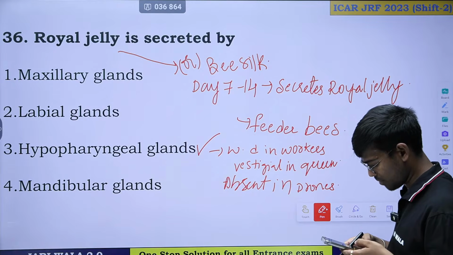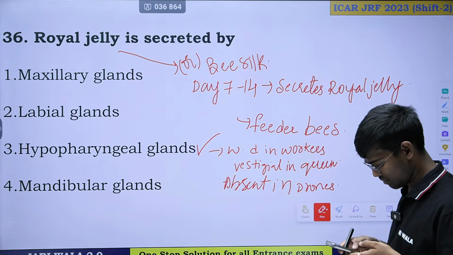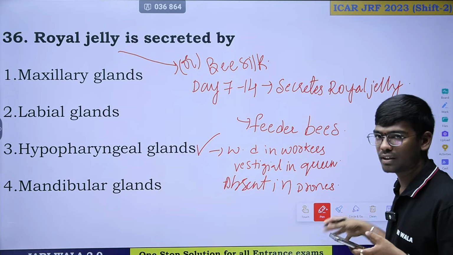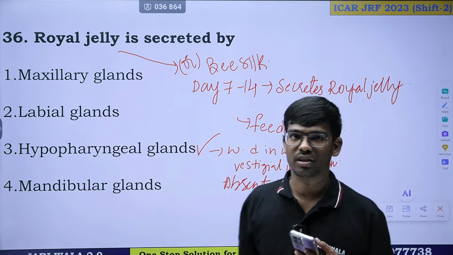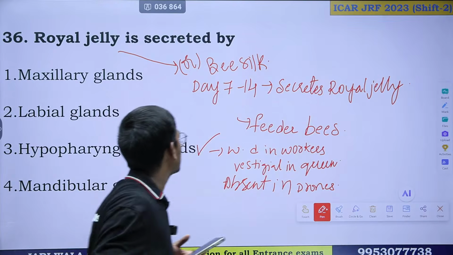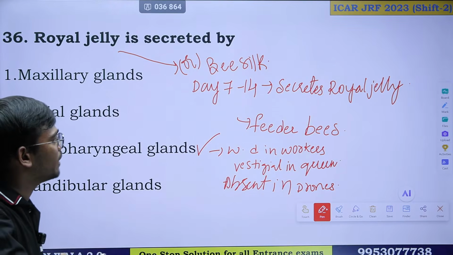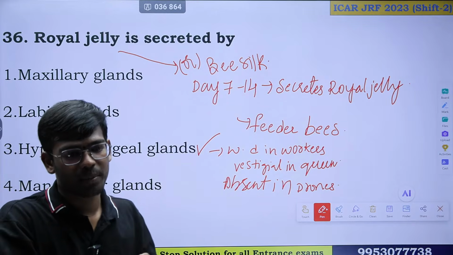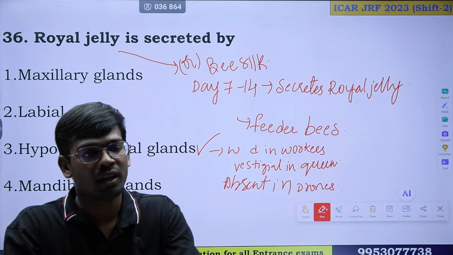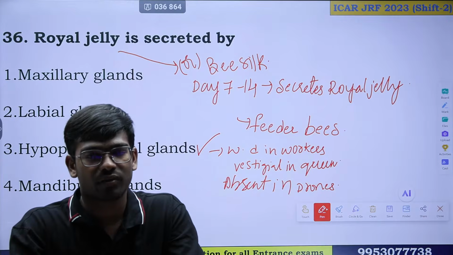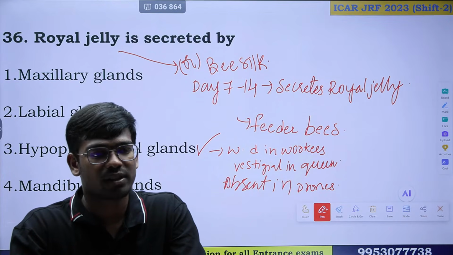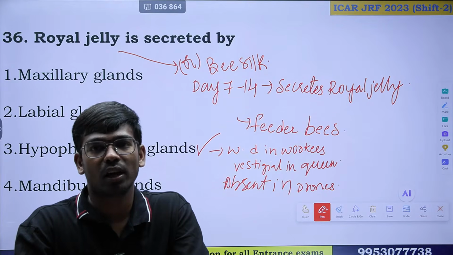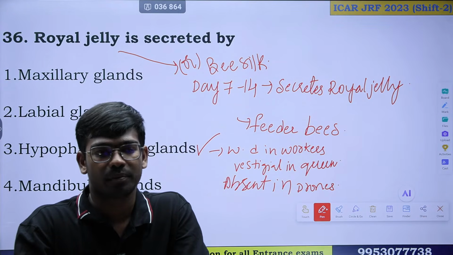Many students responded here. Yes, the answer is 3, but I was discussing other points about royal jelly and the hypopharyngeal glands. Royal jelly is also called bee silk. In workers, from day 7 to 14, this one-week period, worker bees secrete royal jelly, and bees in that period are called feeder bees.